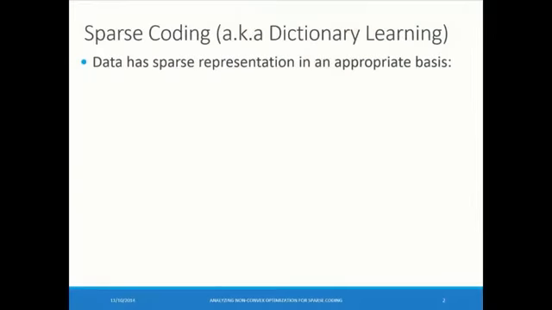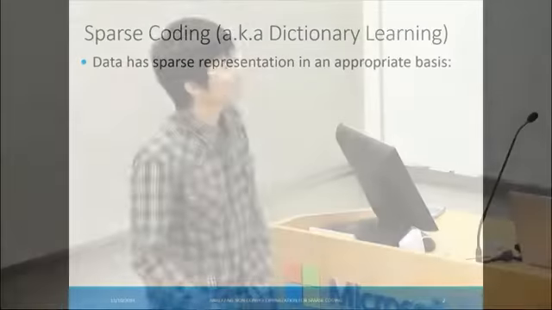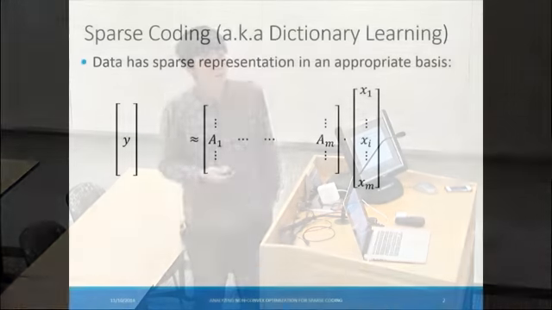Sparse coding is often also called dictionary learning. Sometimes I will use dictionary learning, just because that is the terminology I usually use. The key idea is that in many settings, data has a sparse representation in an appropriately chosen basis. Y is our data.